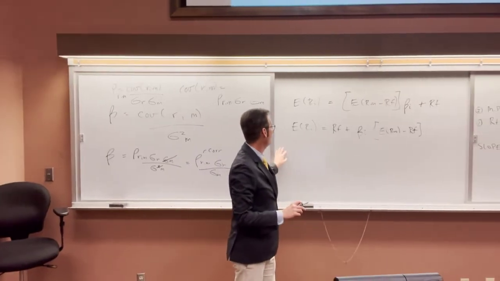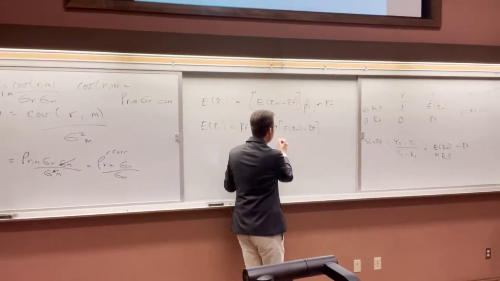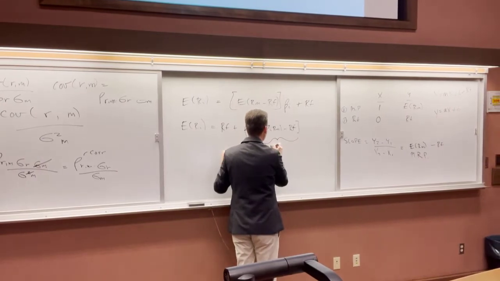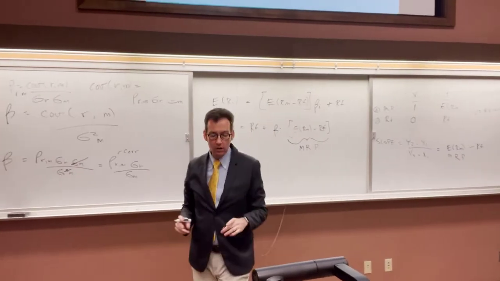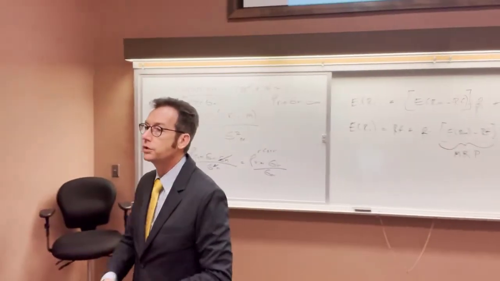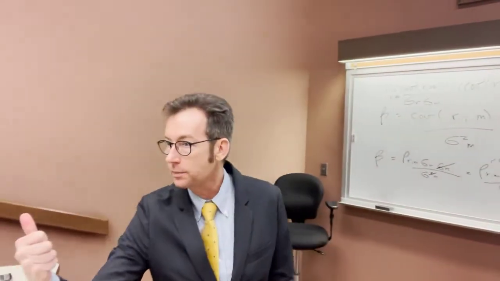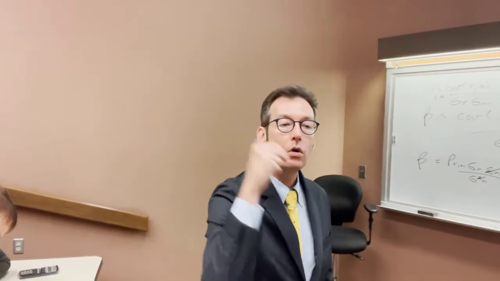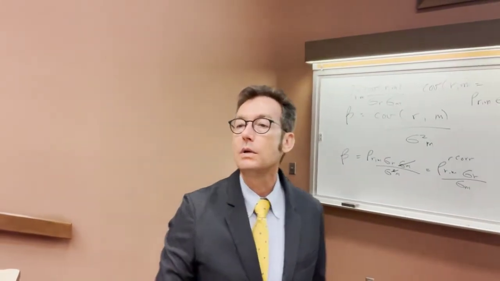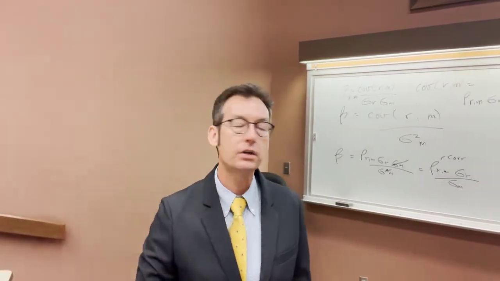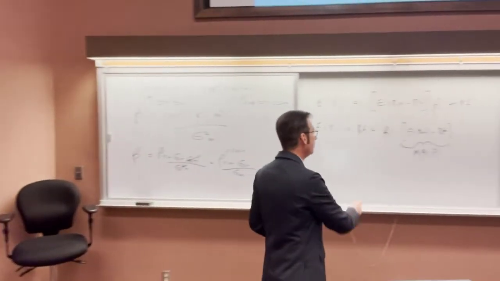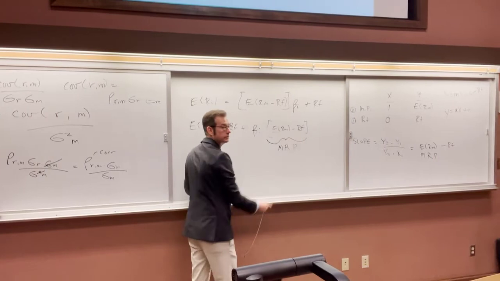Now, here's something I want to point out. This thing here is the market risk premium. When you're working problems involving this, you always want to read, are they giving me the expected return on the market, or are they giving me the market risk premium? Because if they're giving you the market risk premium, you don't have to subtract out the risk-free rate.